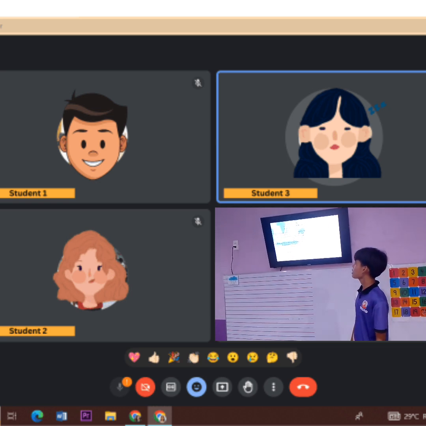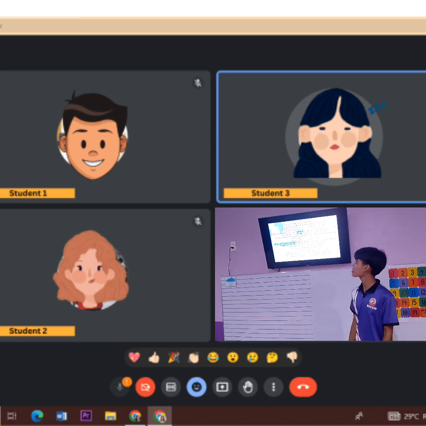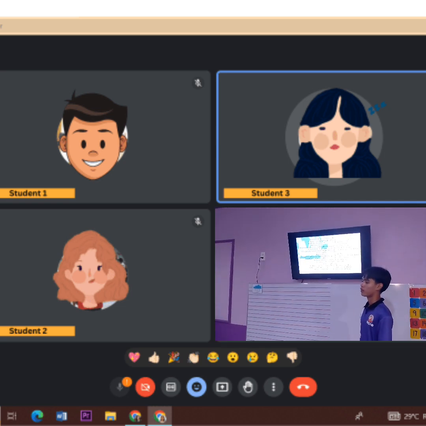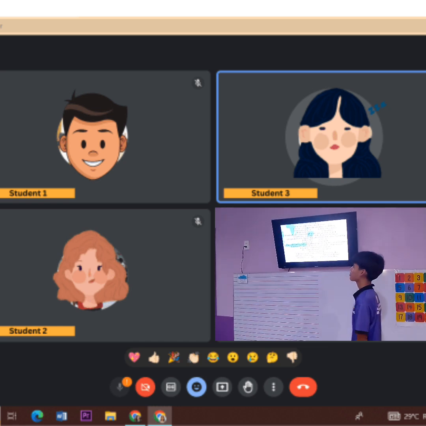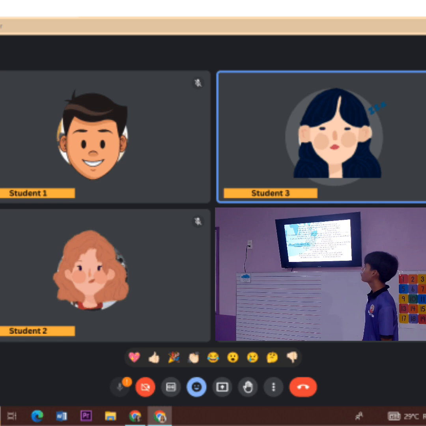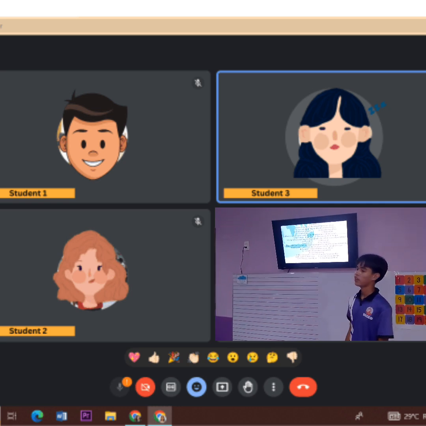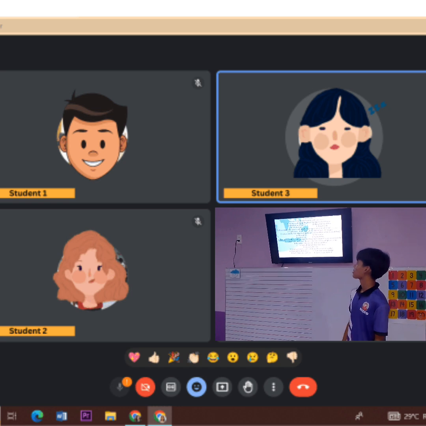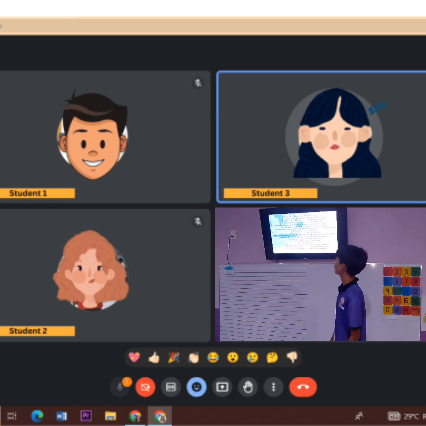C. Harry Hammond Hess. D. Robert Dallas. Number 2. Our continents were once joined together, forming a supercontinent called A. Panthalassa, B. Laurasia, C. Gondwanaland, and D. Pangaea.